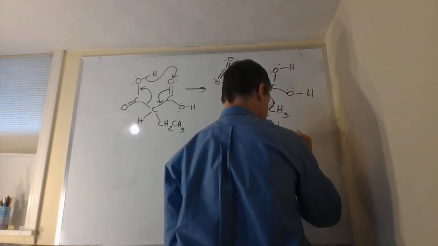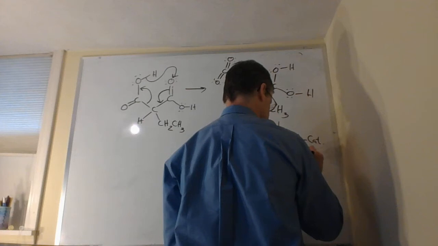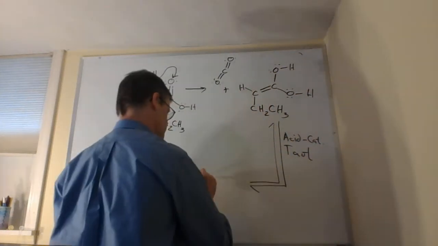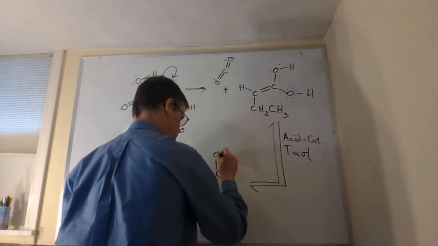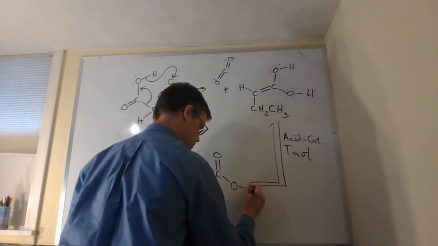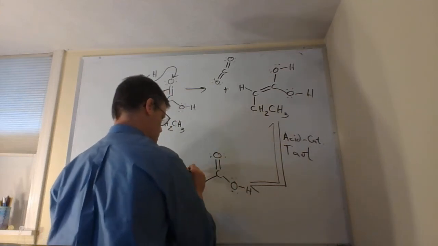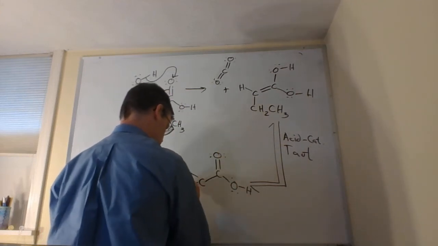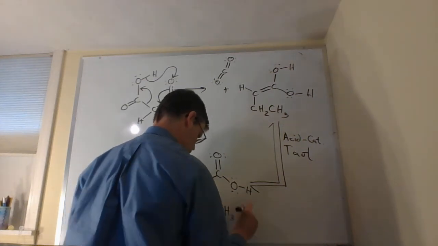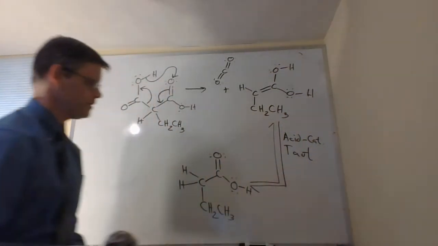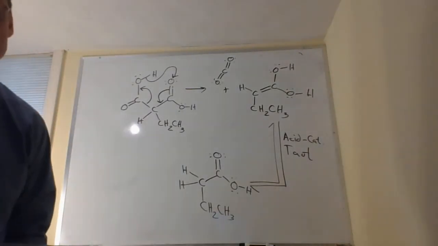So we're going to have an acid catalyzed tautomerization. And that will ultimately get us to here. And there it is, our alpha alkylated carboxylic acid.